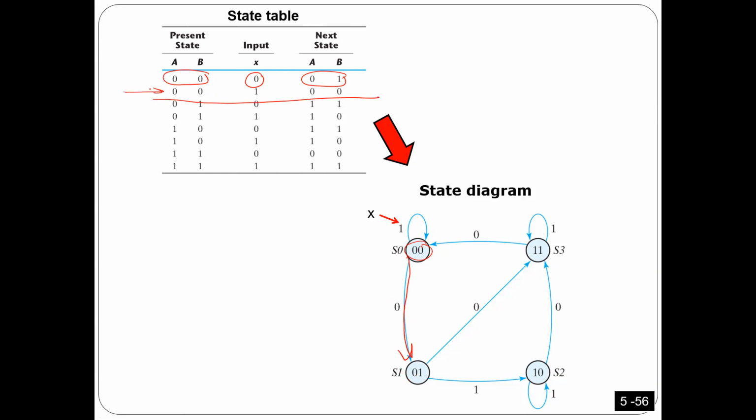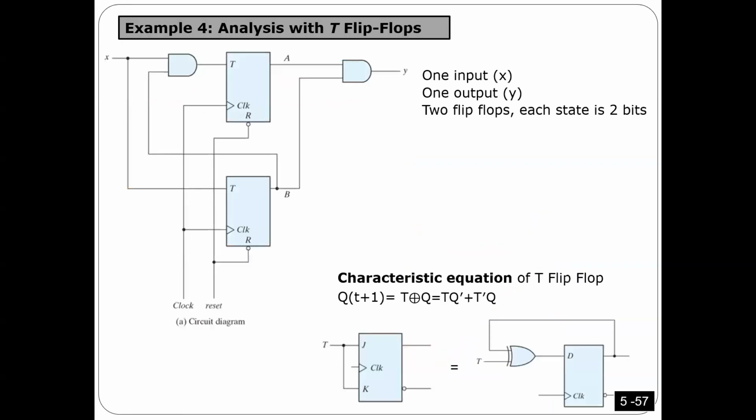Let's look at the second one. If you are in state 0,0 and x is 1, you are going to stay in 0,0, and so on. So there are two transitions for 0,0, two transitions for 0,1, two transitions for 1,0, and so on. Any questions? I'm repeating, it's exactly the same thing. Any question before I move to the next one?